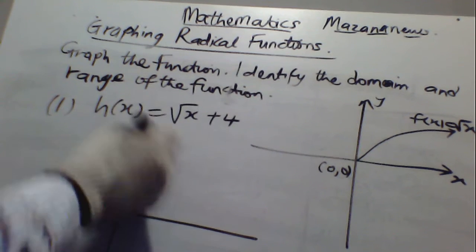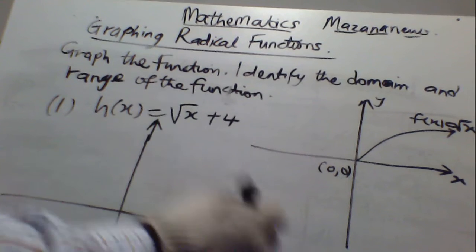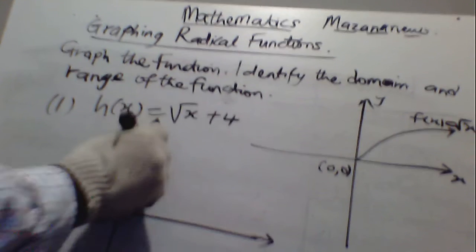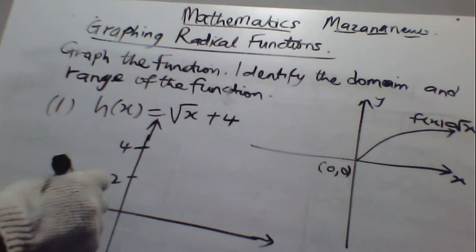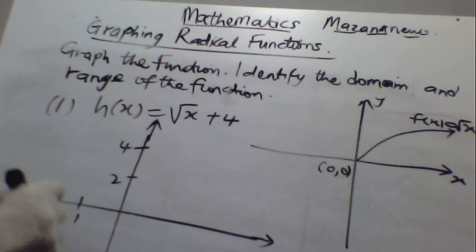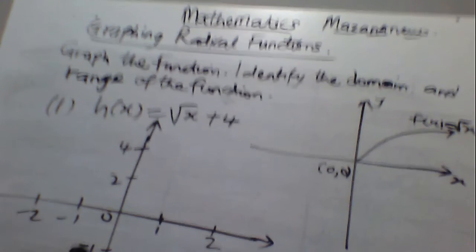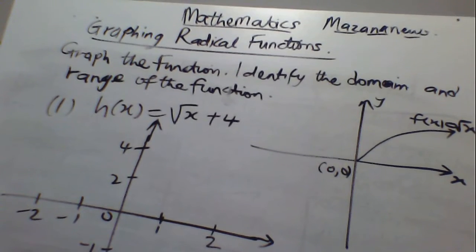Since we are not told to use a table of values, we can consider what was given to us. So from here we have 2, 4, minus 1, minus 2, 0, 1, 2, minus 1, minus 2.